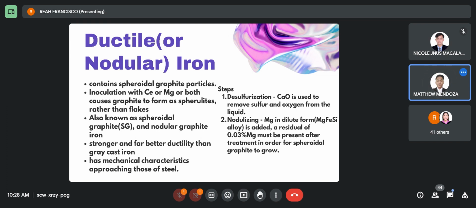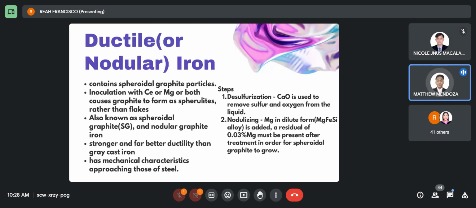Stronger and with far better ductility than gray cast iron, and has mechanical characteristics approaching those of steel. Then the steps in the fabrication of ductile or nodular iron. So first is desulfurization.